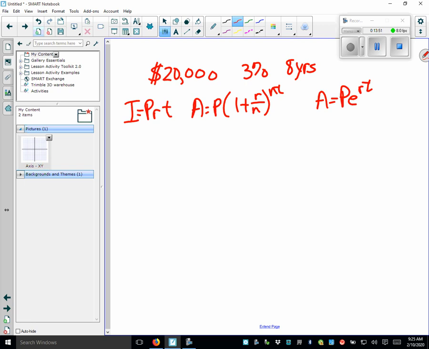Okay, how much simple interest do I earn? Which formula do I use? The first one.